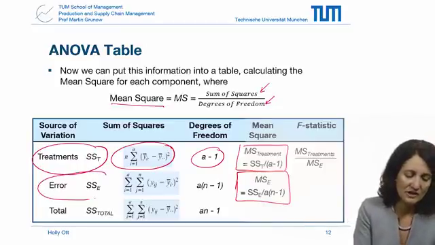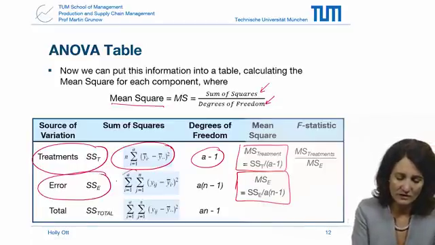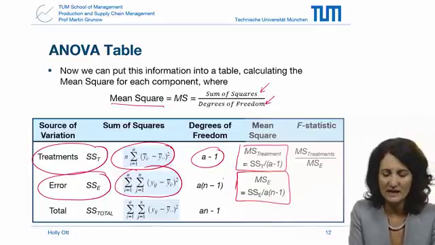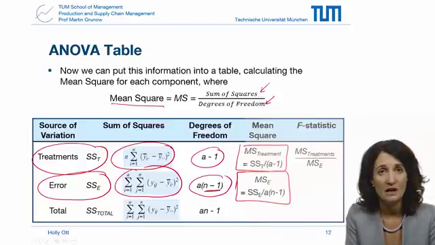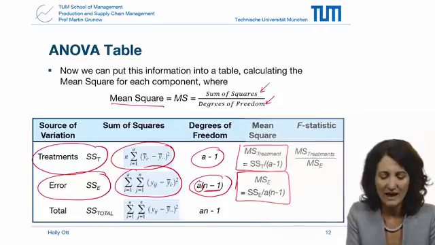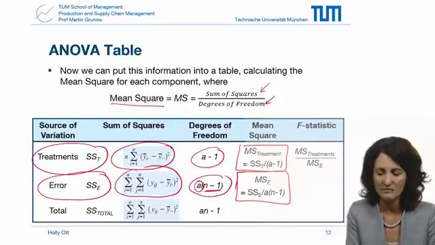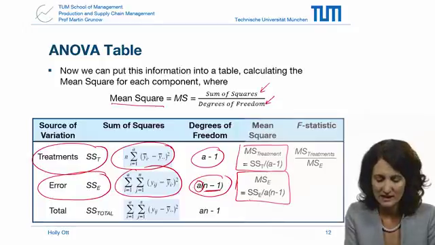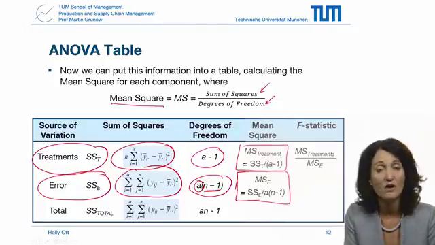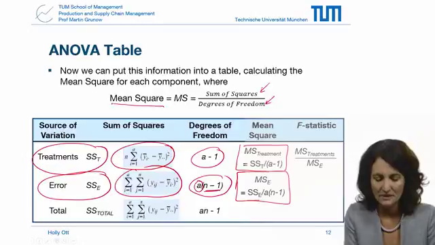The source of variation due to the error, we also looked at already on the previous slide. Each individual population has N minus 1 degrees of freedom, and we have A populations, so A times N minus 1. So the mean square error is the sum of squares of the error over A times N minus 1.